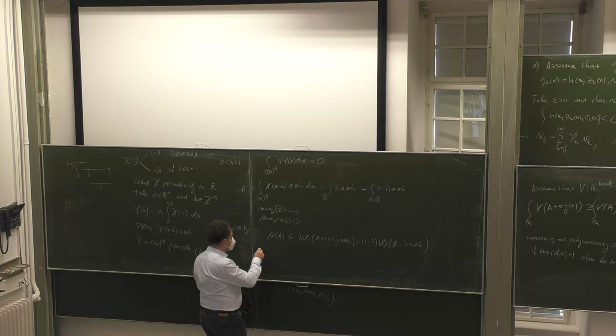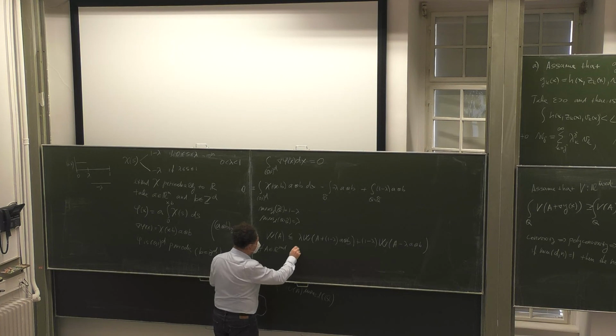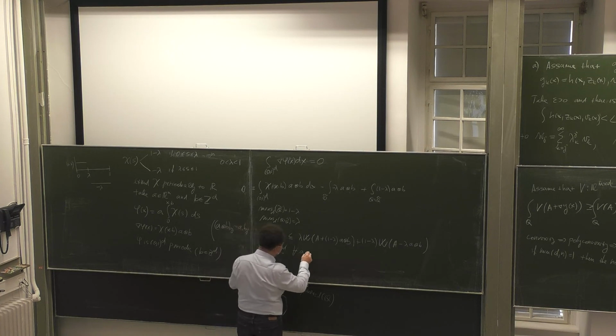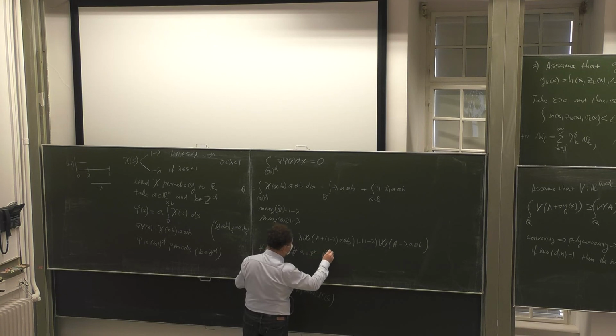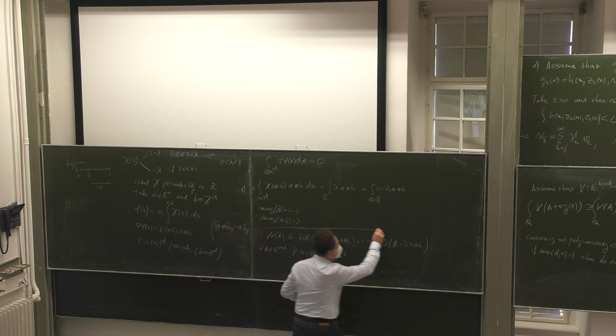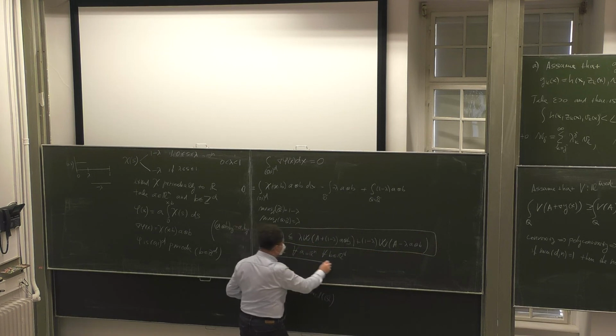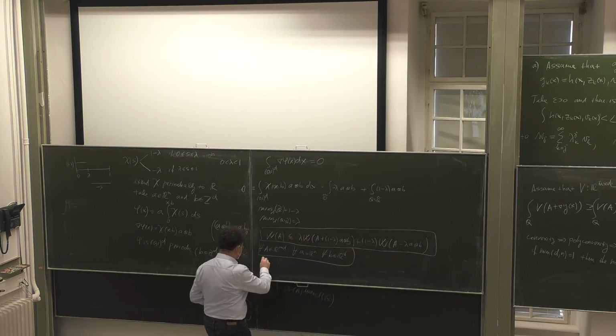So finally we get that this holds for every A in R^(n times d) and every b in R^d. And including these conditions, this is called rank 1 convexity.